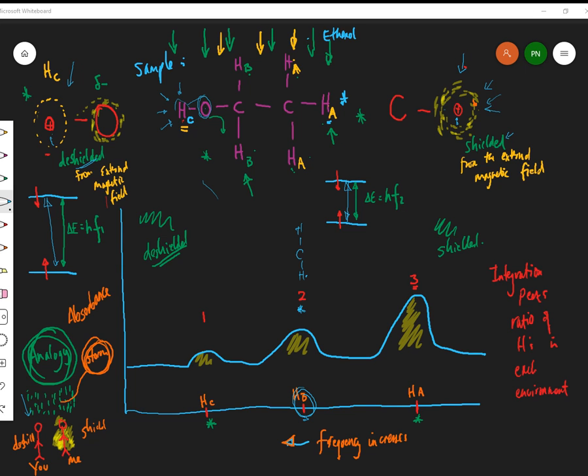I'm sure the electron density around a de-shielded atom will be less, won't it? So the proton is what we're flipping. Now, the electrons will interact with the external magnetic field, but I don't think it will make much difference compared to how the proton will interact with the external magnetic field.